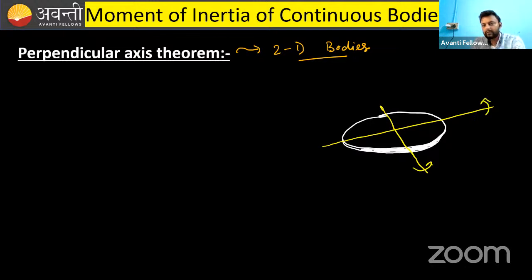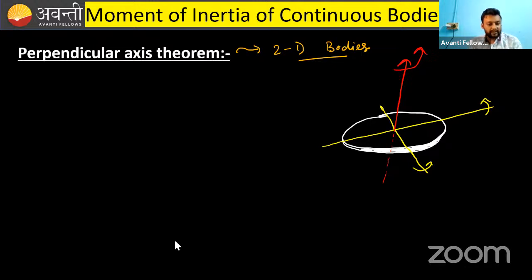Now these two axes are in the plane of the disk, and there is another axis which is perpendicular to the plane of the disk. Can you see this diagram? There are three axes. Two axes are in the plane of the disk. One is perpendicular to the disk.